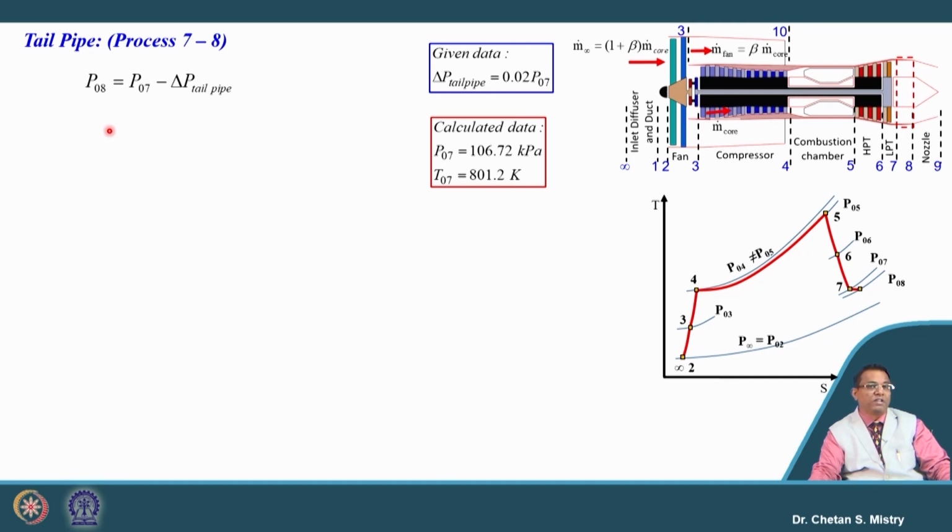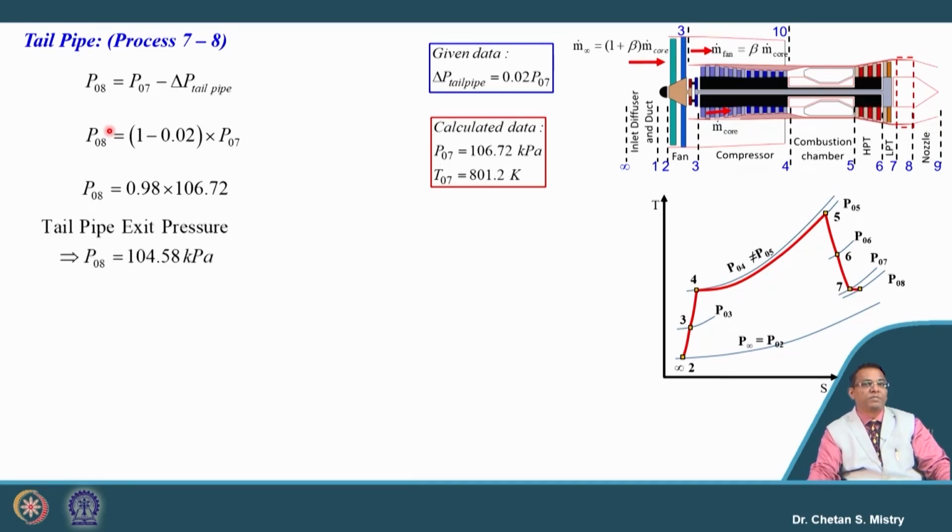Suppose it is not given, just omit that part, but since this is given, it says there is a 2% drop of pressure. So, if we put this as a number, my tailpipe exit pressure will be 104.58 kilopascal. And we know since my process is an adiabatic process, that is the reason my T08 is coming 801.2 Kelvin.